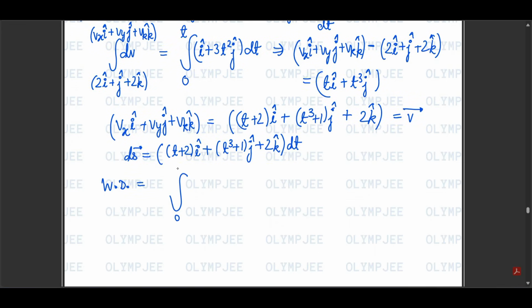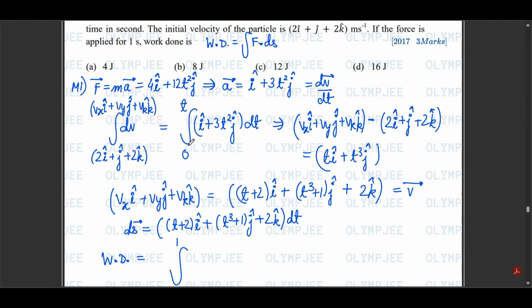from 0 to 1. Force was given as 4 i cap plus 12t square j cap. So 4 i cap plus 12t square j cap dot product with this ds, which is t plus 2 i cap plus t cube plus 1 j cap plus 2k cap dt.